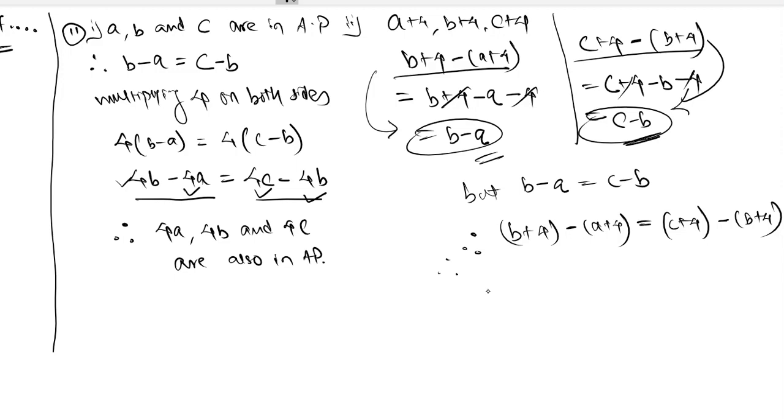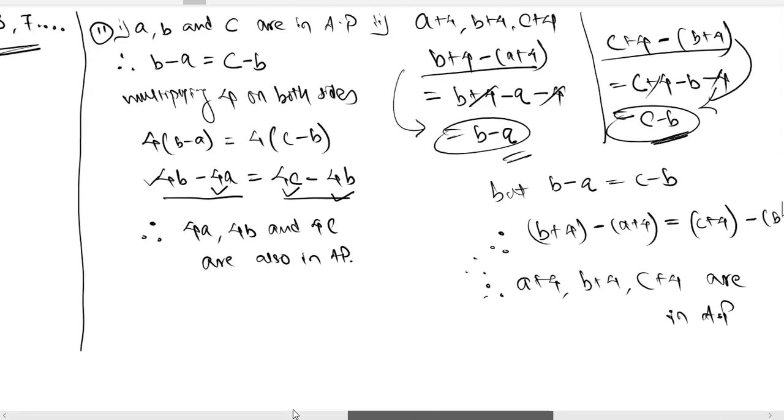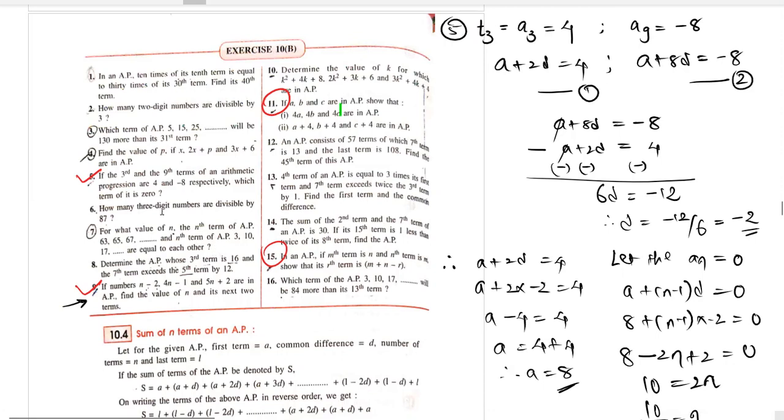Therefore, A plus 4, B plus 4 and C plus 4 are in AP. Whoever had this doubt might have found difficulty in how to write and explain it. So this is how to show it. Next, from this exercise we have done questions 5, 9, 11, and the last one is 15.